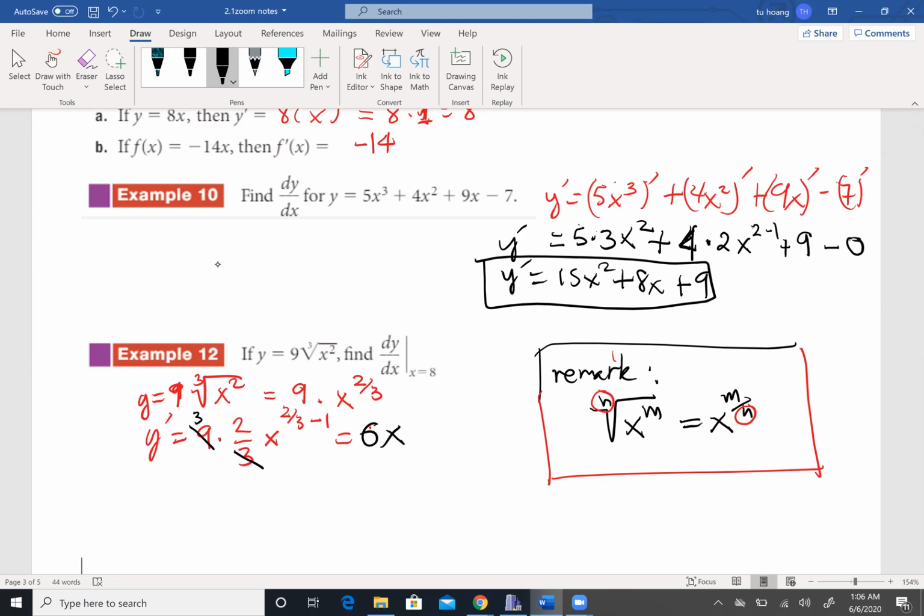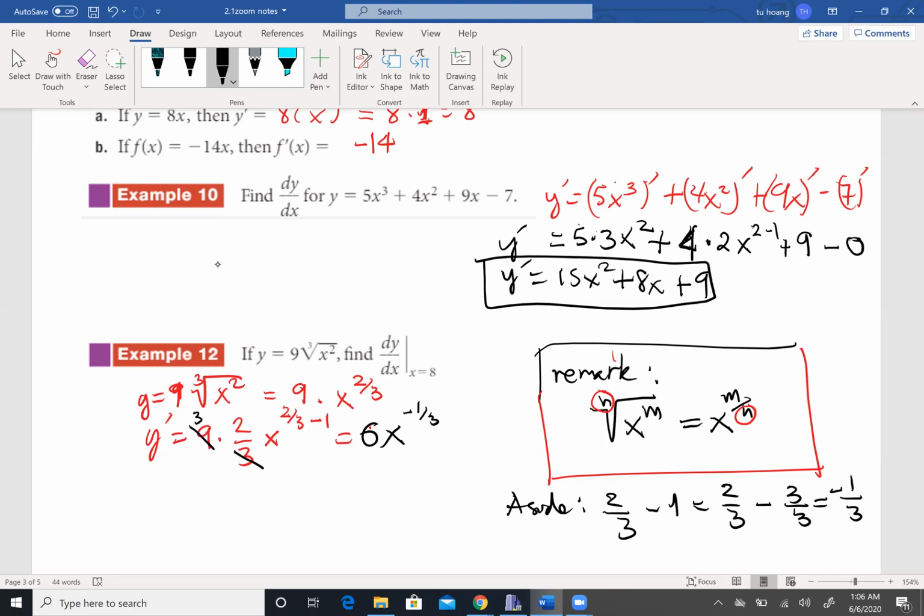Now maybe you can do a side work, right? So 2/3 minus 1, what is that equal to? I have 2/3 minus 3/3, because 1 becomes 3/3, and then I'm going to have just negative 1/3. So now the power has to be negative 1/3.